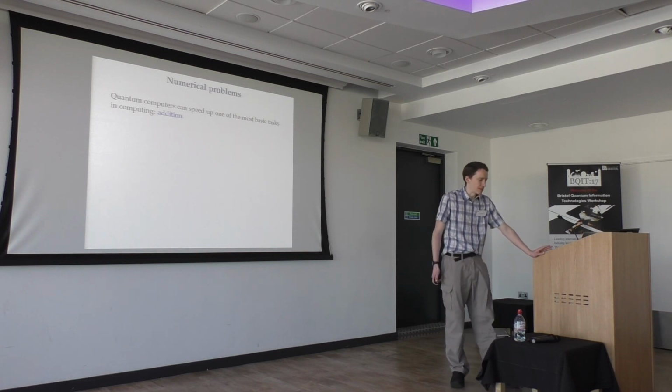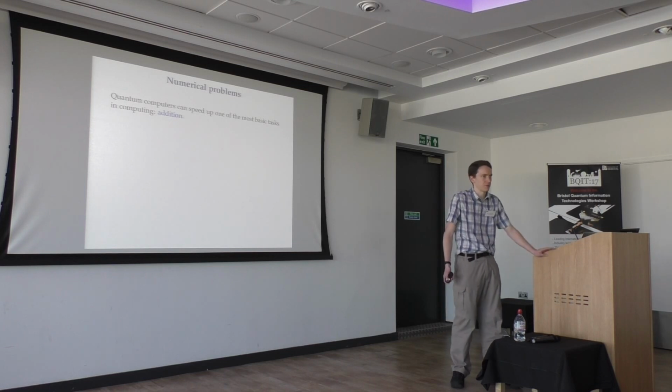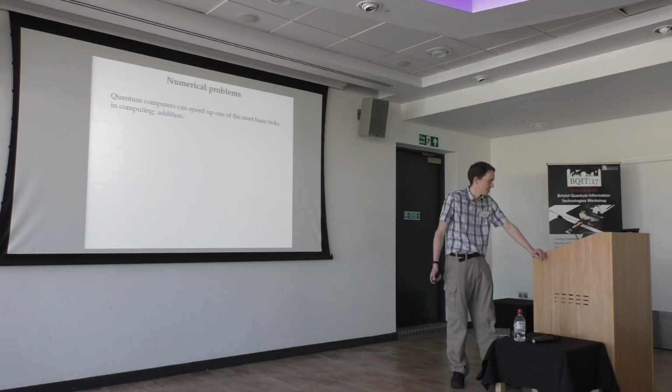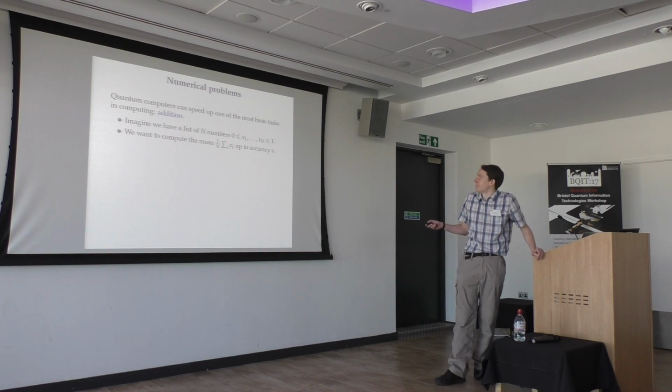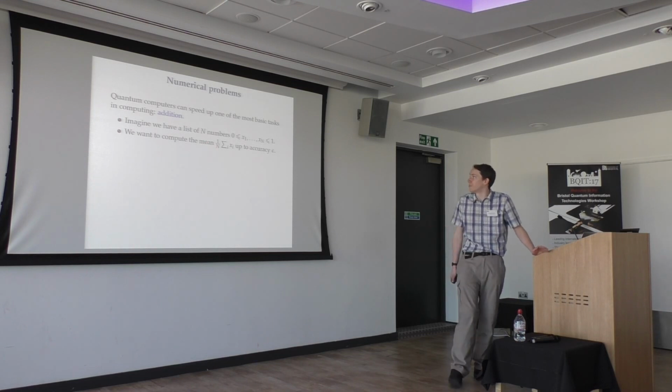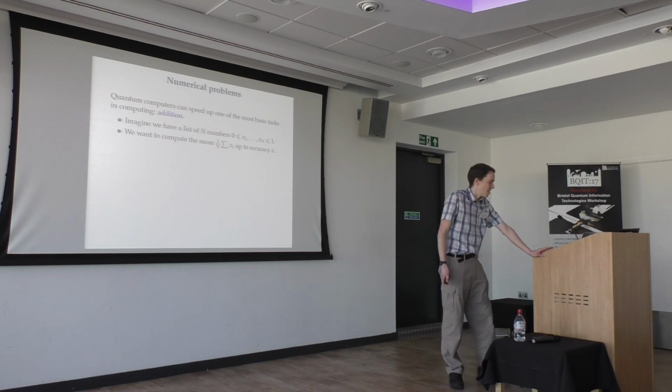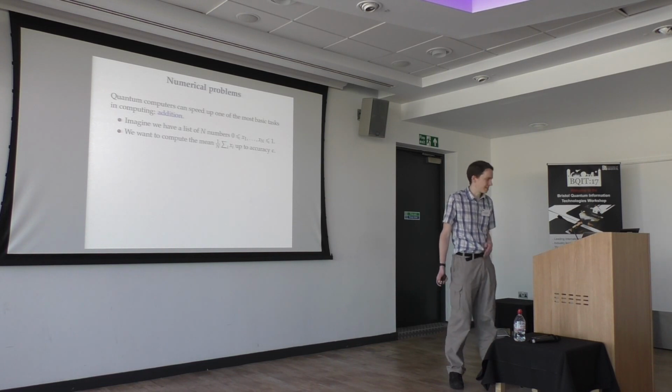So it's maybe slightly surprising that this basic task in arithmetic can be sped up with a quantum computer, in some sense at least. Imagine we've got some n numbers, x1 through xn, and we want to compute the mean of those numbers, 1 over n of the sum over i of xi, up to accuracy epsilon. So we want to approximately compute the mean of these things.